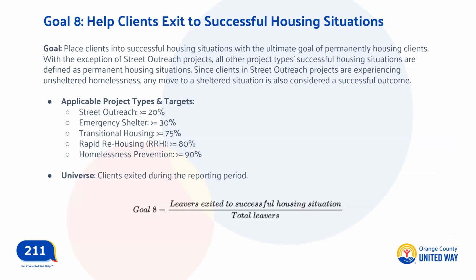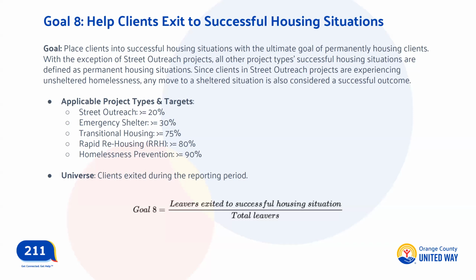So for our next goal, we're going to look at goal 8, help clients exit to a successful housing situation. This goal looks at projects that have clients that exit from their program, placing clients into successful housing situations with the ultimate goal of permanently housing clients.